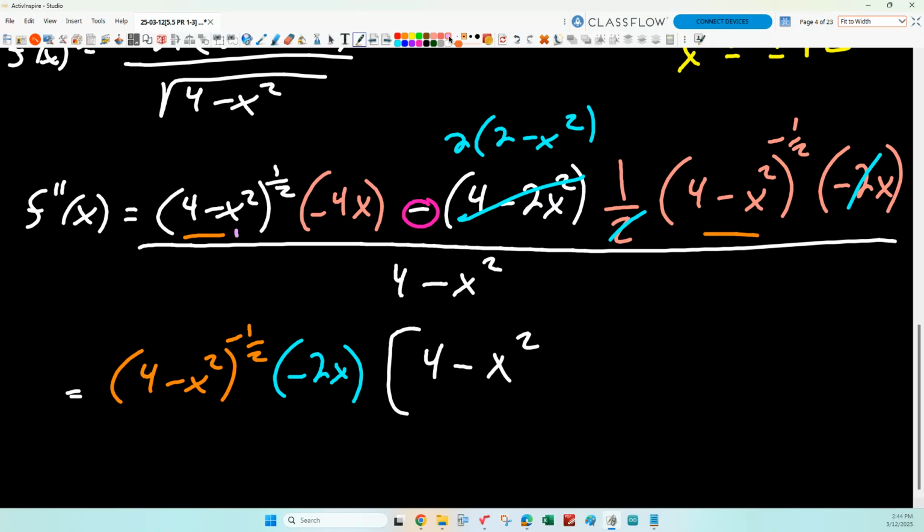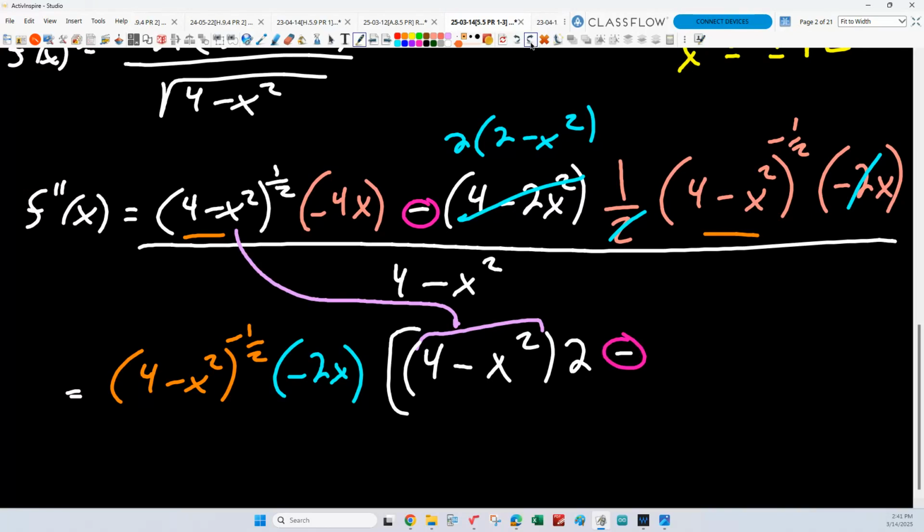And that's coming from here. What else? Times 2, good. Okay. So now what was left behind? We got rid of this, that's gone, which makes that a plus.